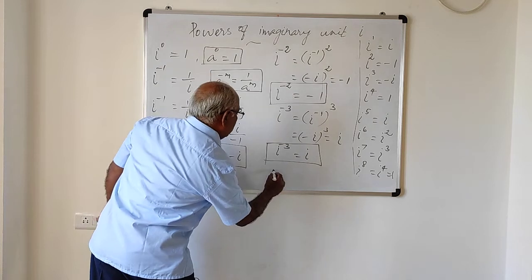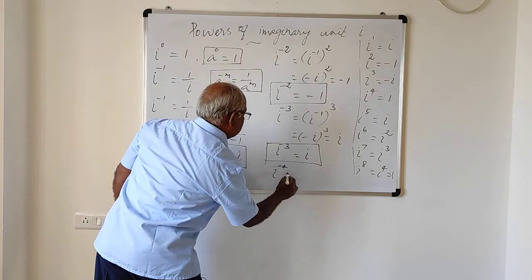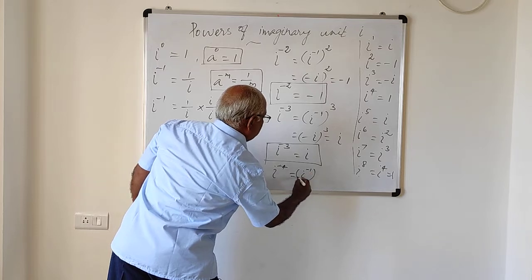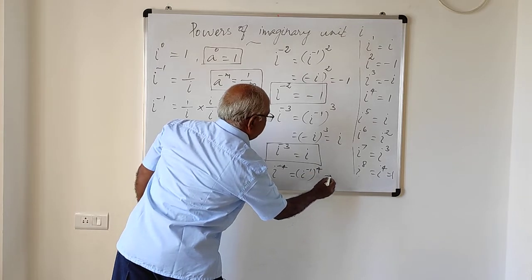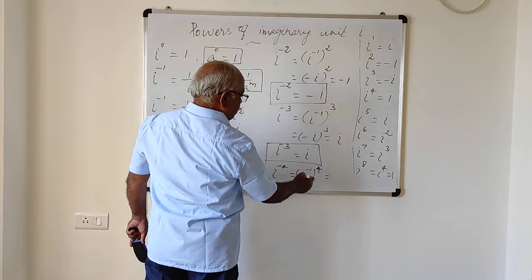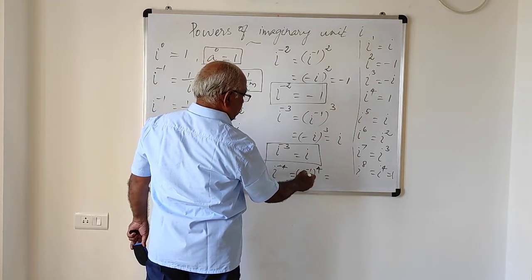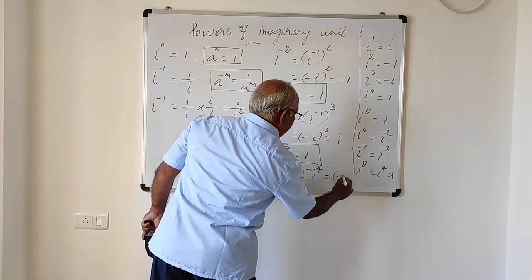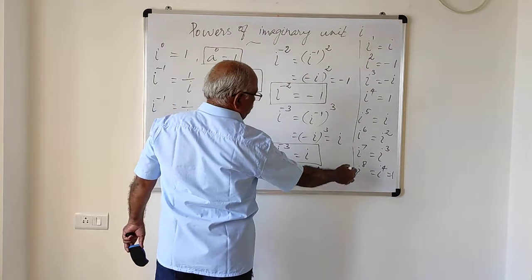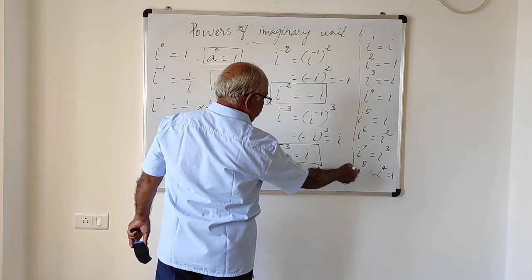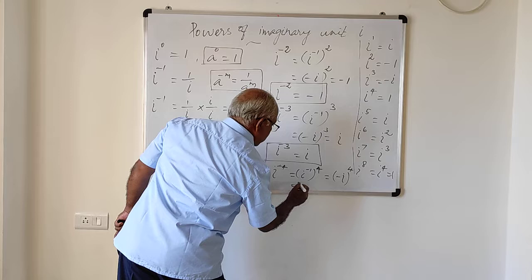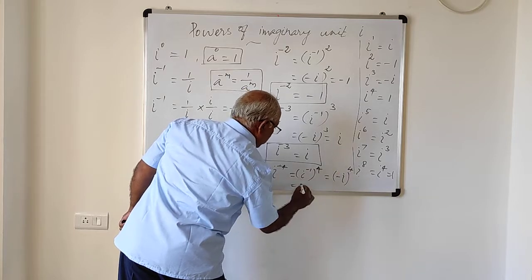Finally, i power minus 4. I power minus 4 is i power minus 1 whole power 4, that is minus i the whole power 4. Minus 1 power 4 is plus, and i power 4 is 1.